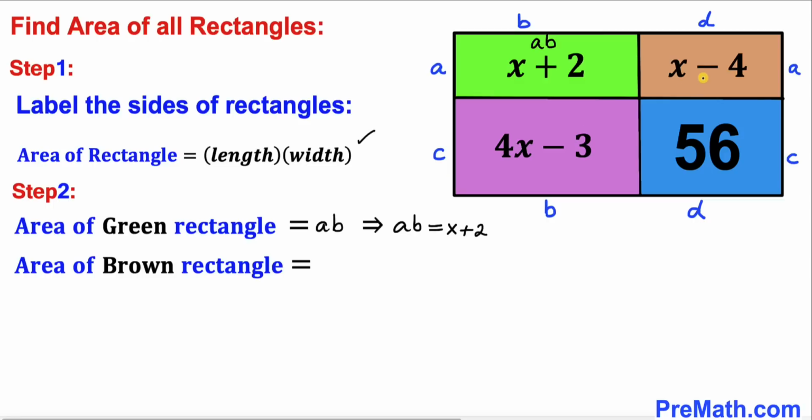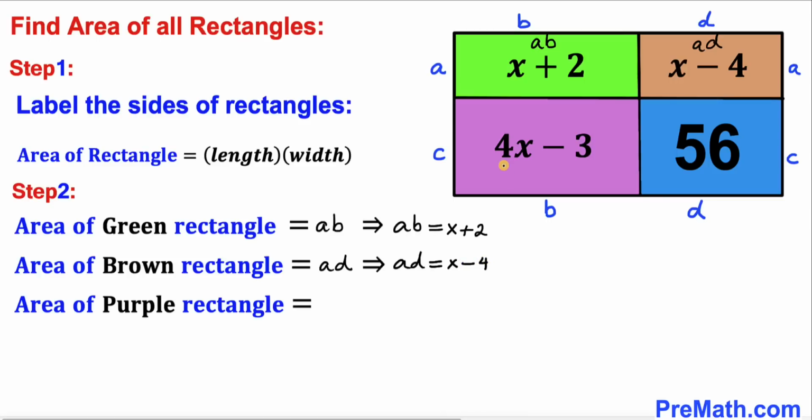Now let's focus on this brown rectangle. The area is going to be A times D. We know that area has been given in terms of x minus 4. Therefore, I can write A times D equals x minus 4.